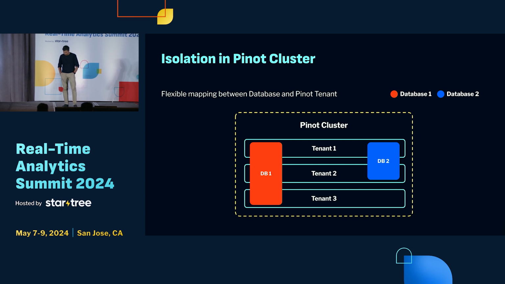I have one more question about separation of duties. It could be bring your own cloud or a completely managed service. In the managed service, it is more the responsibility of StarTree to provide availability, reliability, and other things. How does that impact the cost?